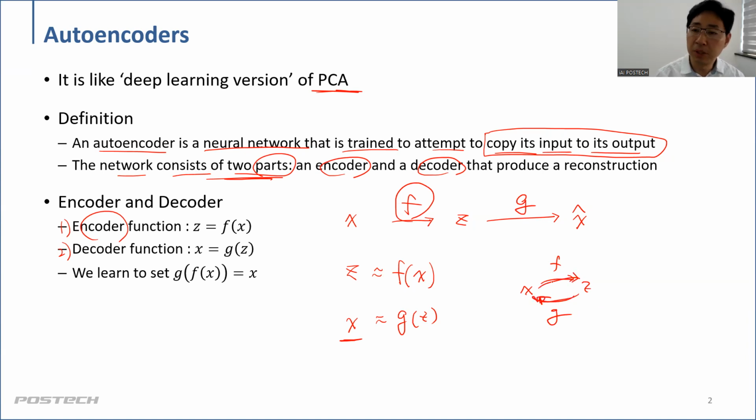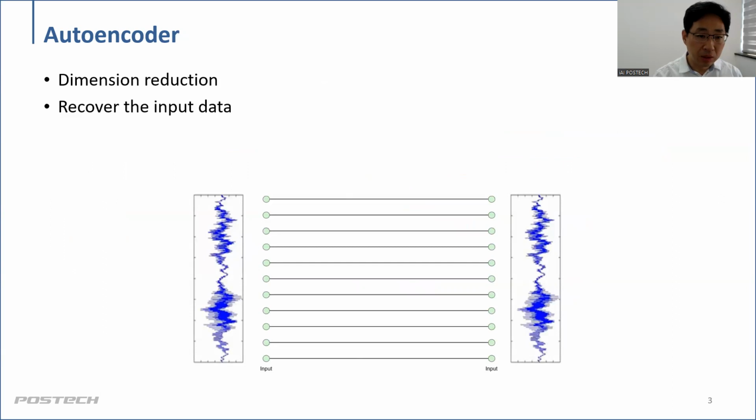There are some specific conditions on X and Z, but I'm going to talk about them in a minute. Again, it's dimension reduction, and I'm going to recover the input data.